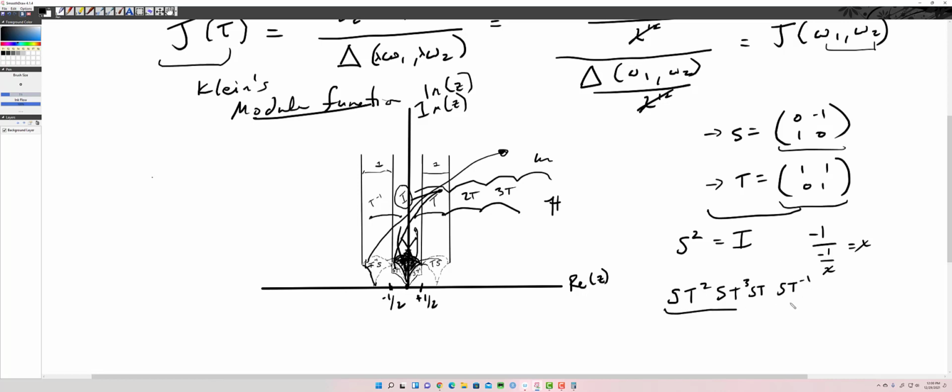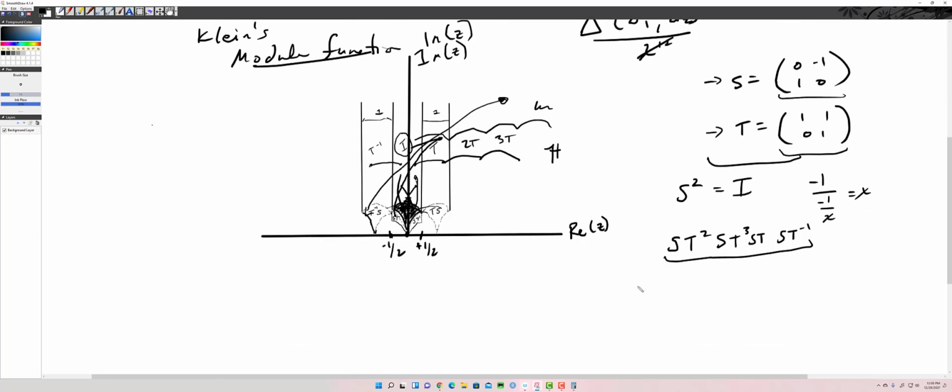You wind up getting words that look like this, that describe these different transformations. These are all part of this group that I'm talking about, called the modular group. And the transformations that they are associated with are called unimodular transformations.